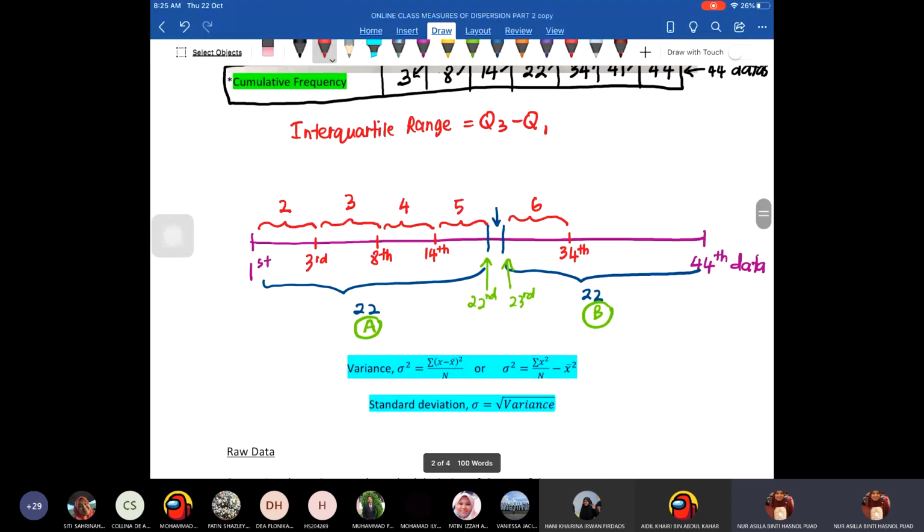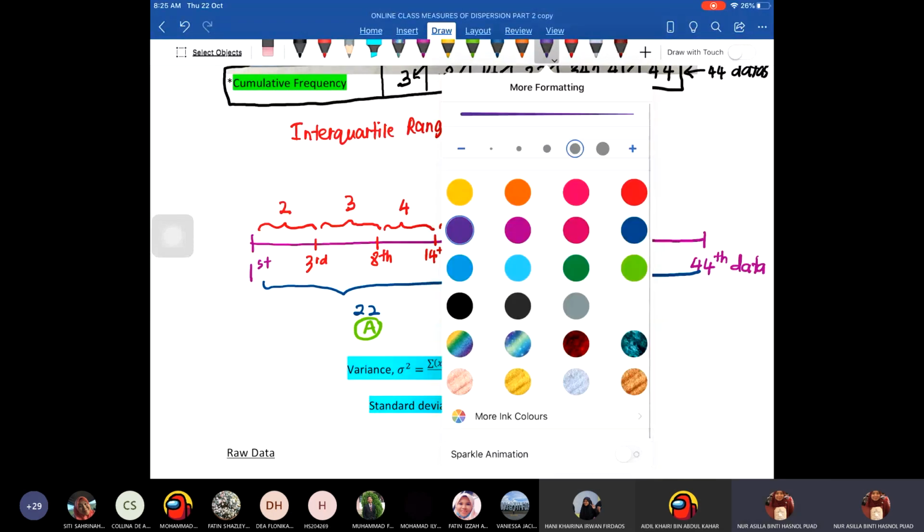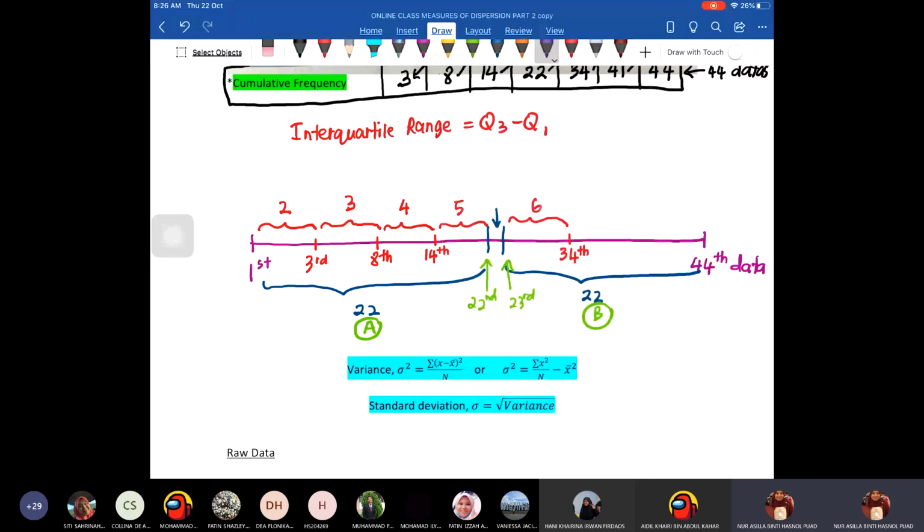Okay, now with this line in group A, I have 22. So I have to further break group A into 2. Since 22, I also don't have a middle data. So I have to put 11 and also 11. So I have to identify my 11th data and also my 12th data.